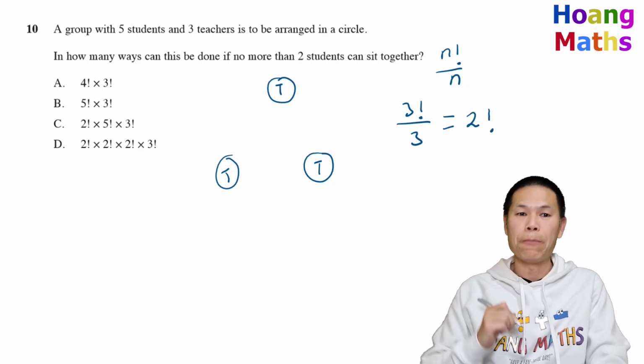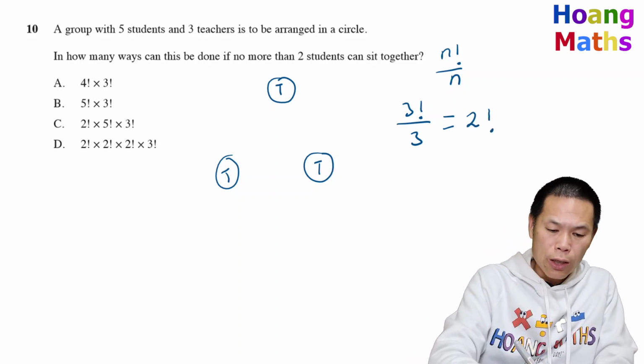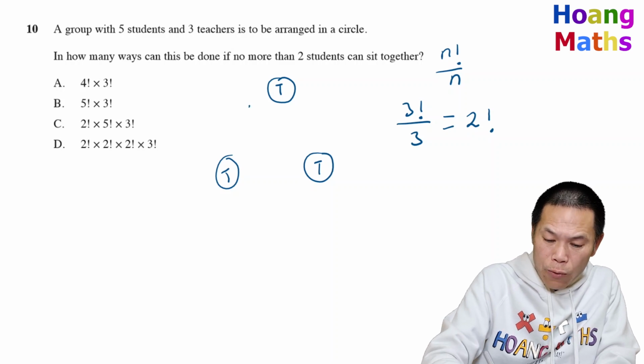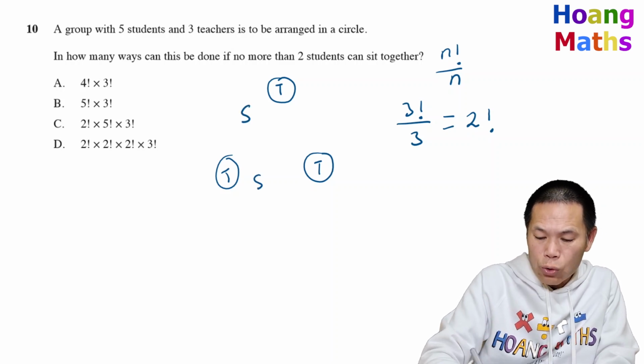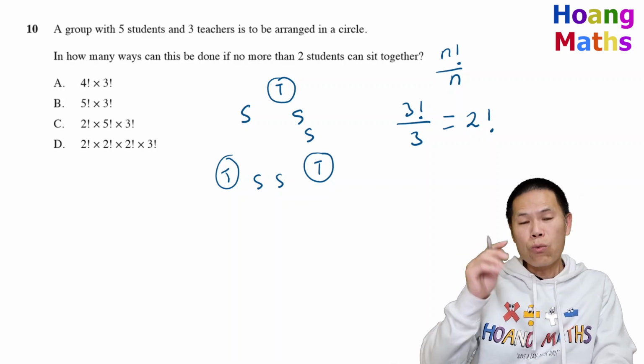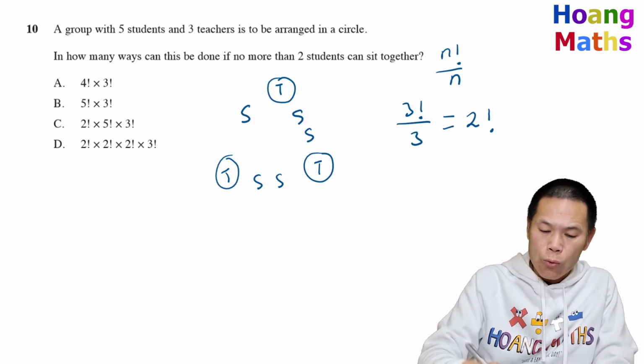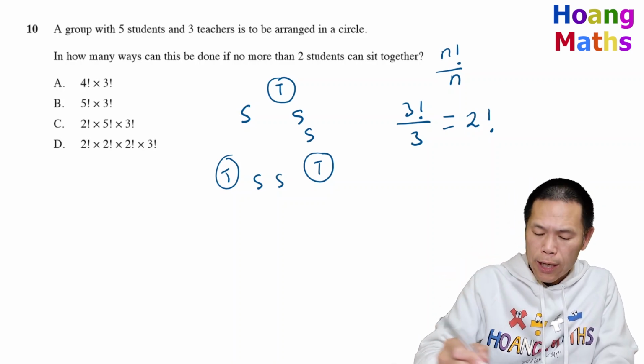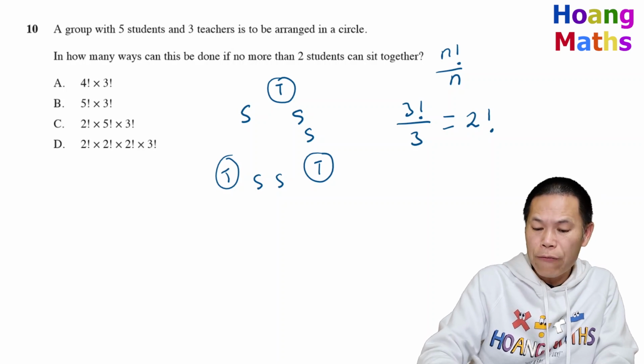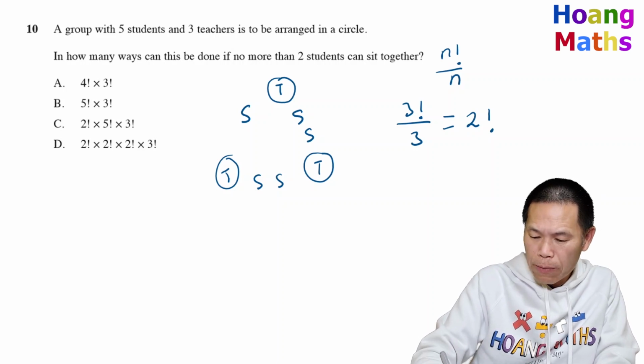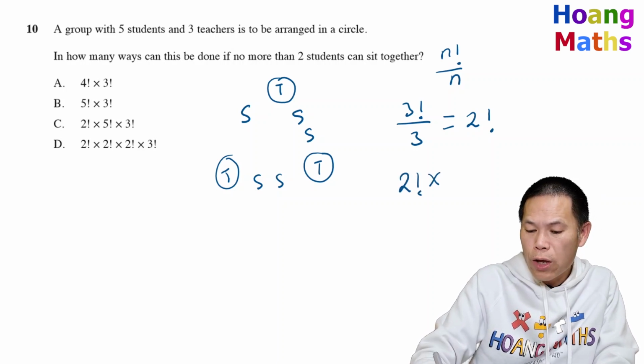That's for the teachers. Now for the students, we can have a student here, 2 students here, and 2 students here. So the first student has 5 places to choose from. Let me write this down: 2 factorial, that's the teachers.